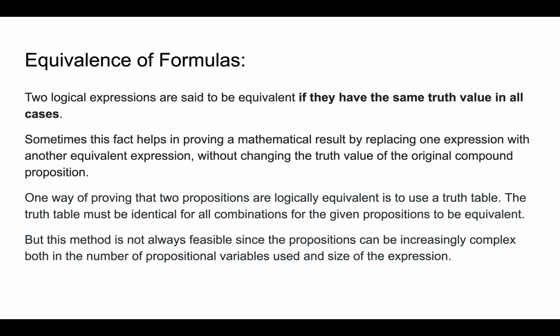Already we have seen negation of P and Q is equivalent to negation P or negation Q. Or negation of P or Q is equivalent to negation P and negation Q. That also we have seen already. So we know the concept of equivalence of formulas.